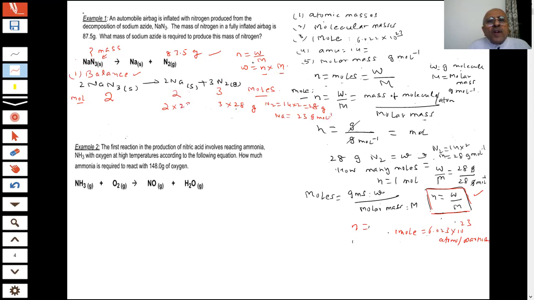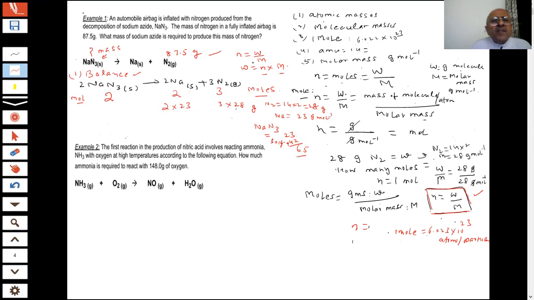So 2 into 23. And what is sodium azide? I have to calculate. NaN3, how much will it be? 23 for sodium and 3 nitrogens. How much is nitrogen? 14. 14 into 3 is 42. So how much will it come? 65.